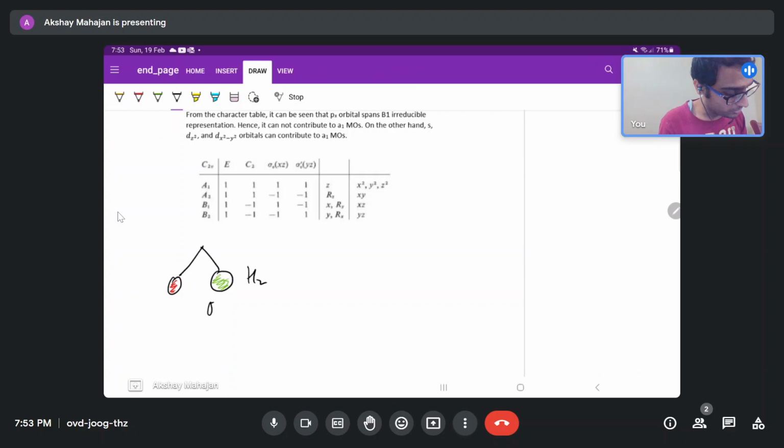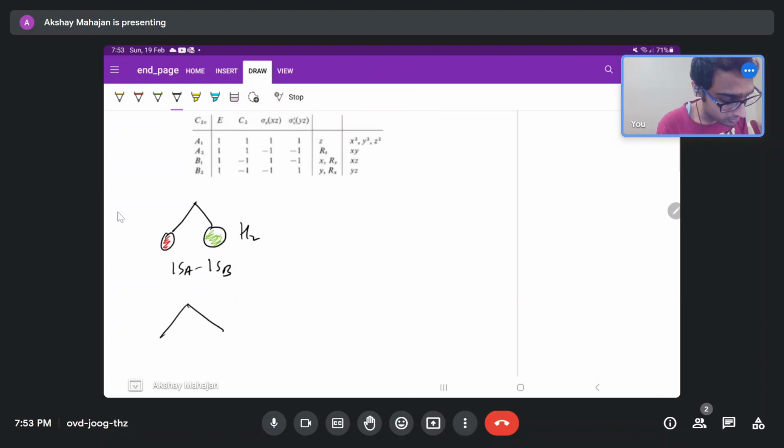1s minus 1s, and you will also have 1s plus 1s. Both of these are your bonding orbitals.